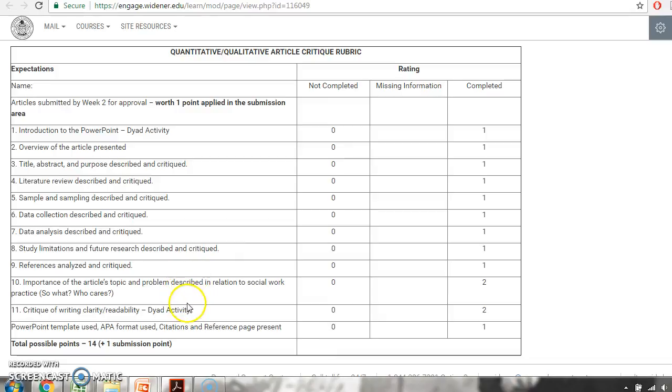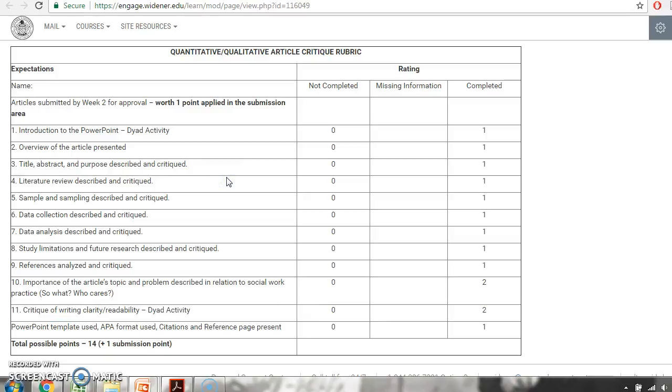However, there is section 11, the critique of writing clarity and readability, which is a dyad activity that you are graded together on. So, if one person in the dyad gets a 2 in that section, the other person also gets a 2, but everything else I'm grading individually.